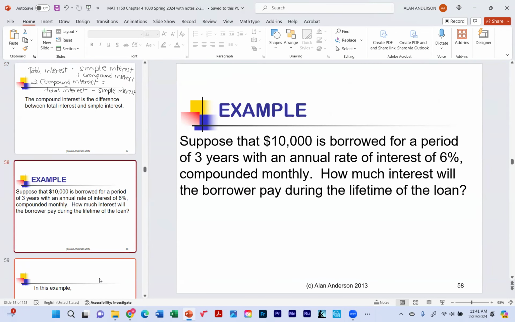First things first, $10,000 is borrowed for 3 years with an annual rate of interest of 6%, compounded monthly. That means that n equals 12. How much interest will the borrower pay during the lifetime of the loan? That's an interesting question, something you'll run into in the future. In other words, when you're done paying this back, you'll pay back the $10,000 plus the interest. The question is, how much will the interest cost you?